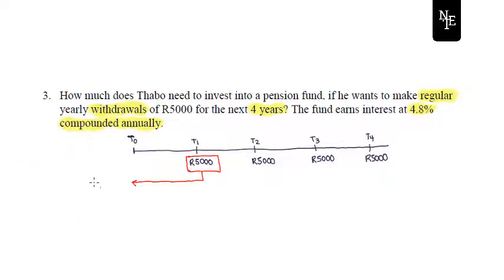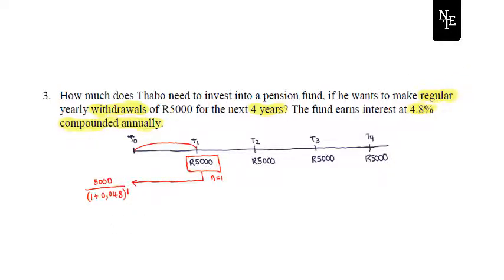So for this first 5,000 rand, you're going to have 5,000 divided by 1 plus 0.048, and it has a compounding period of just 1. So n is equal to 1 for this 5,000 rand.